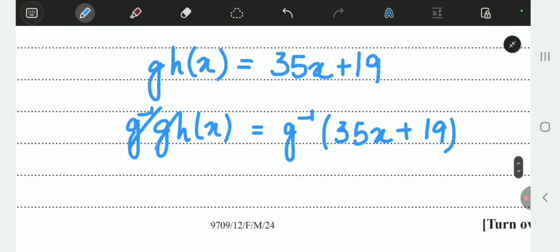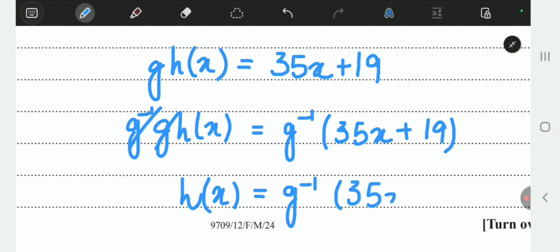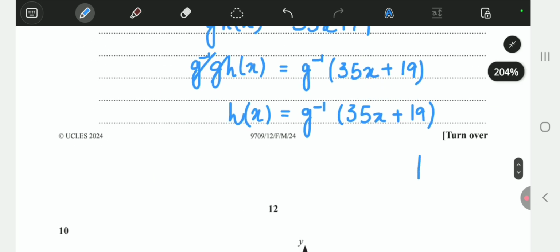So g and g inverse will be cancelled out. H of x will be equals to g inverse of 35x plus 19.